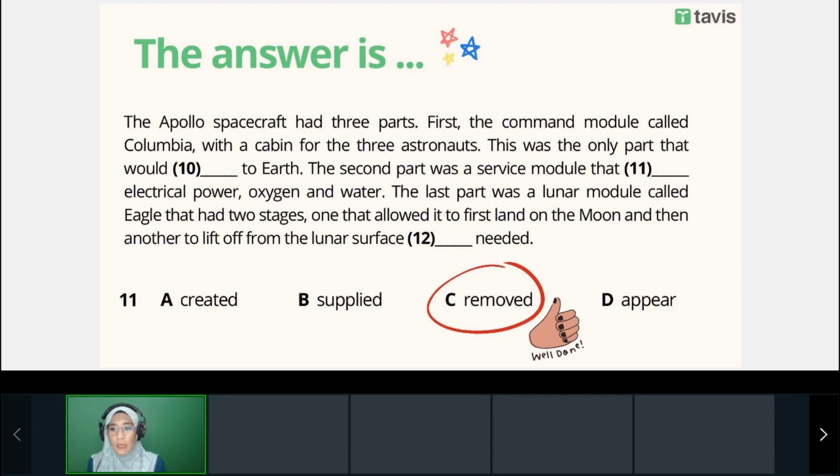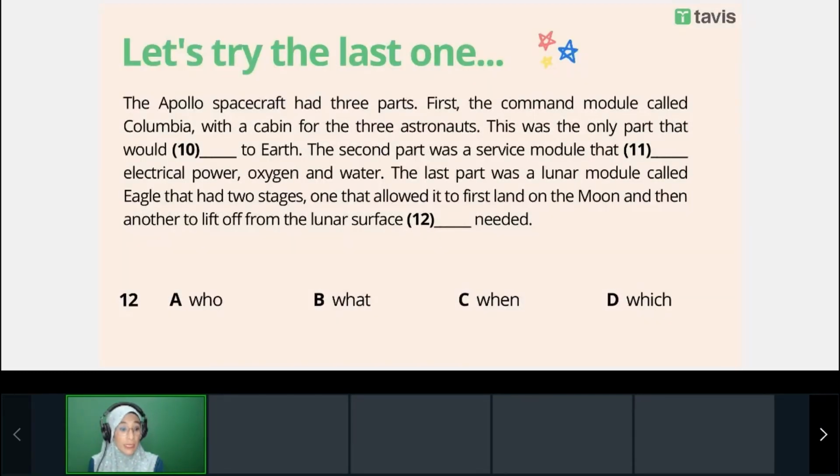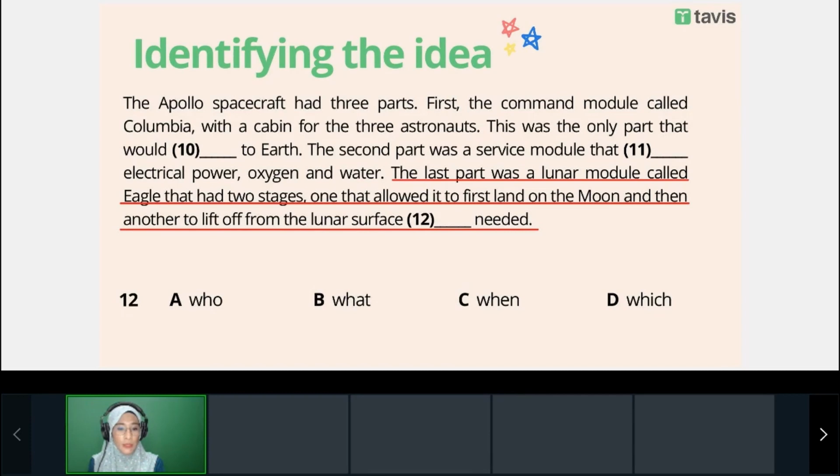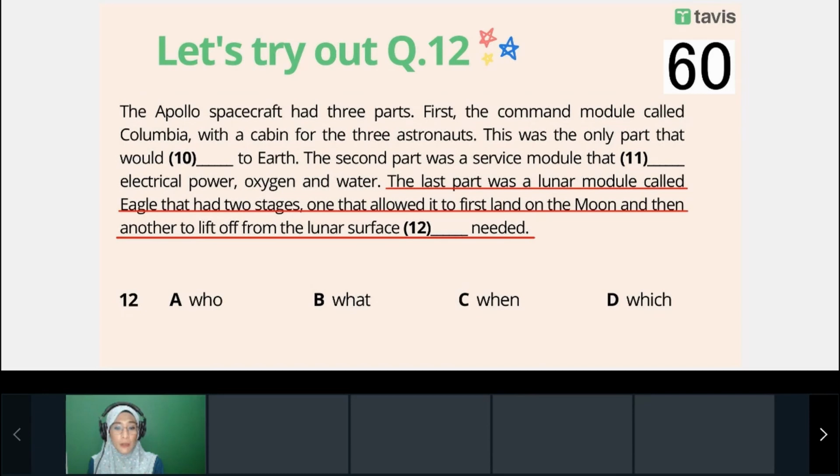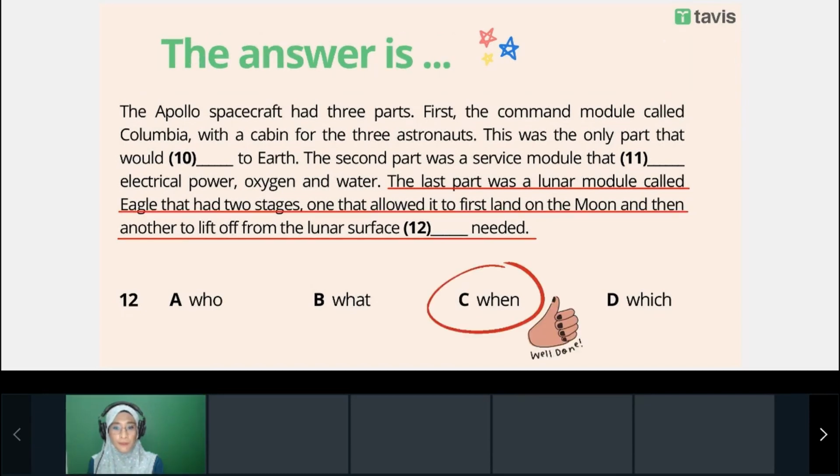Now, I'm just going to tell you the answer for question 12. The last part was a lunar module called the Eagle that had two stages.